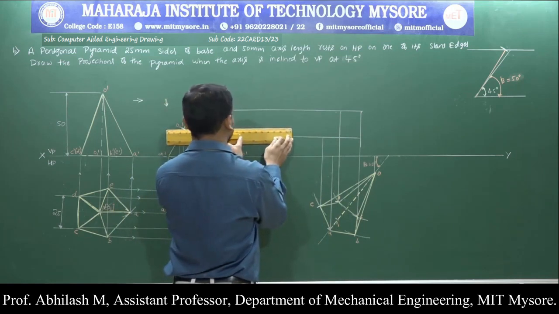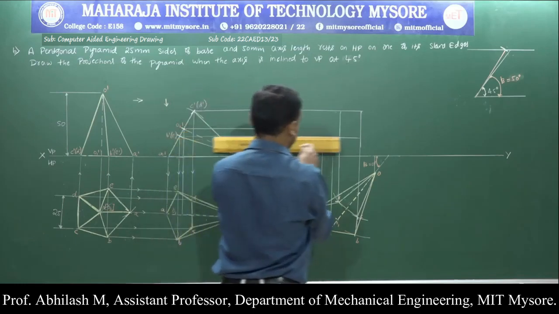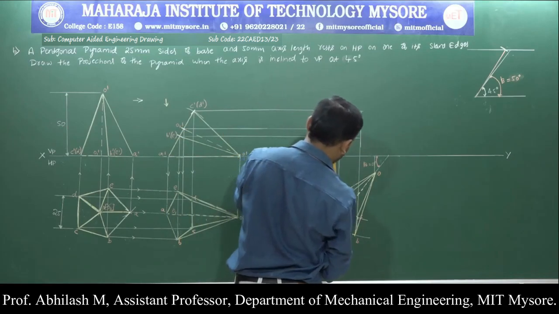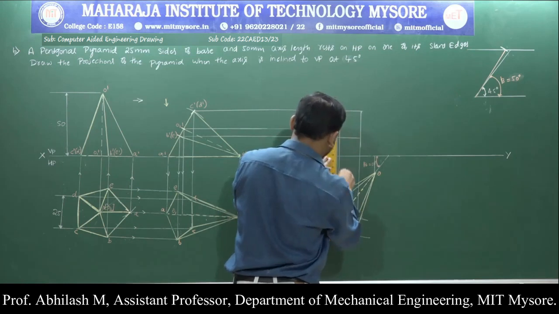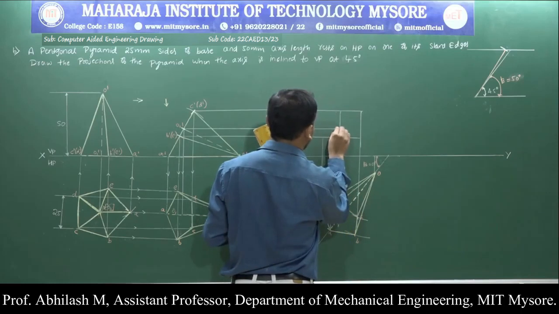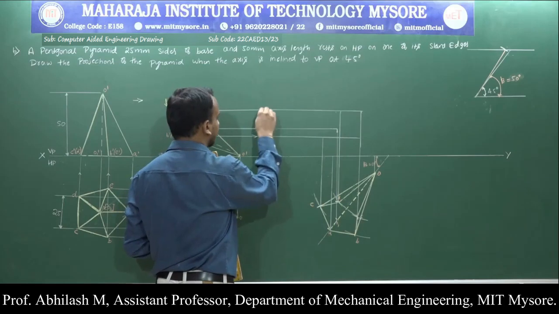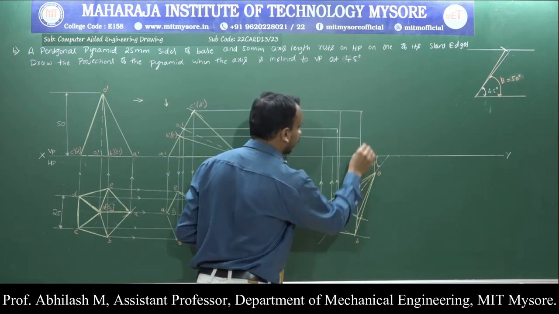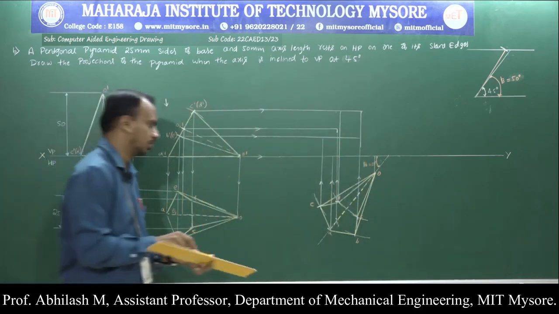From O1 dash, we are supposed to draw the projection line in order to identify the O1 point. We have transferred all the projection lines from the respective points. Let us identify the points first and then complete the final position.